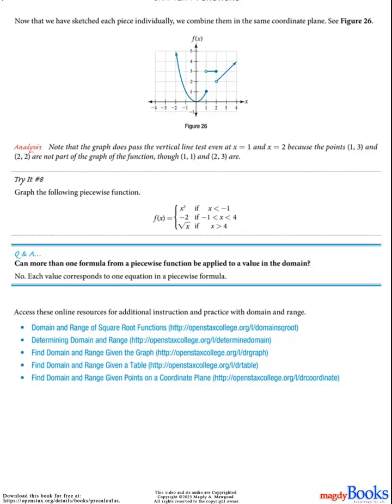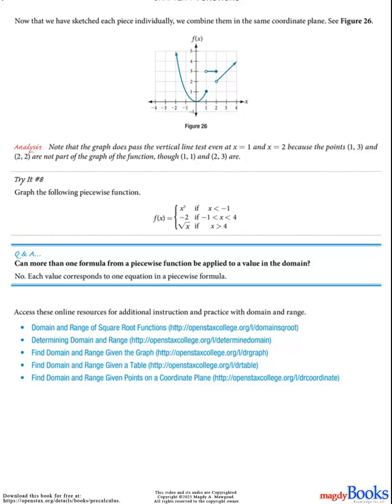1.2.6 Media. Access these online resources for additional instruction and practice with domain and range. 1. Domain and range of square root functions. 2. Determining domain and range. 3.